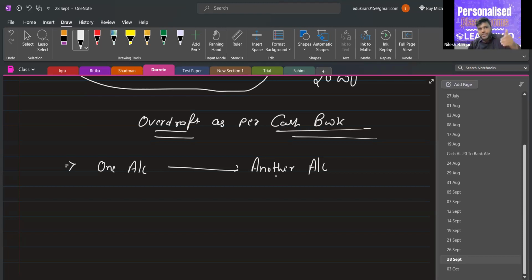Now, we are transferring from one account to another account. So these transactions are happening in bank, yes? Yes, sir. So which book will be affected, passbook or cash book? Both of them will be affected. No, not both of them.